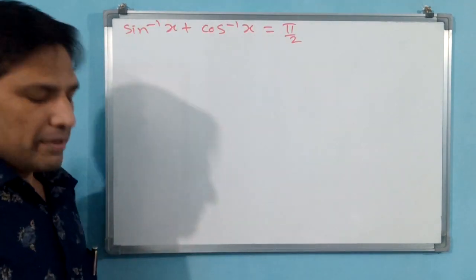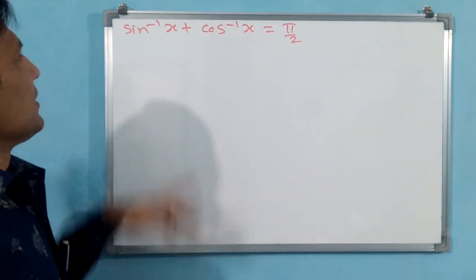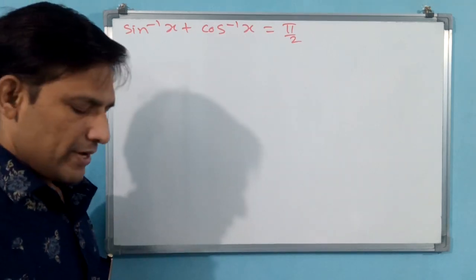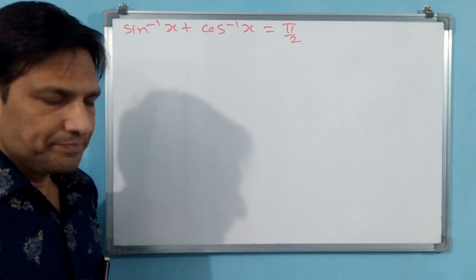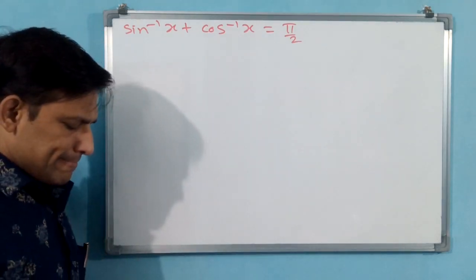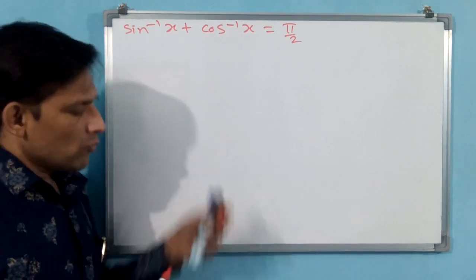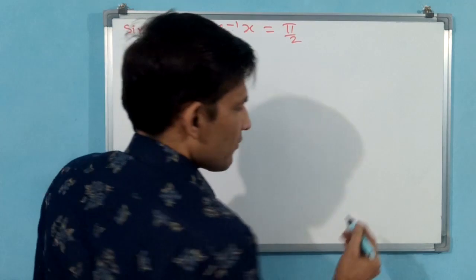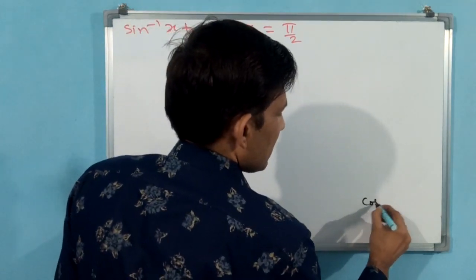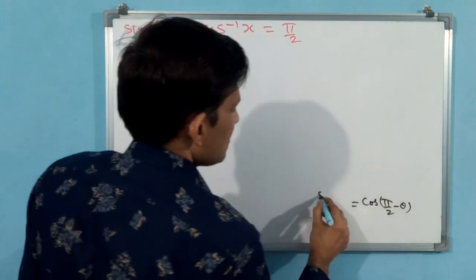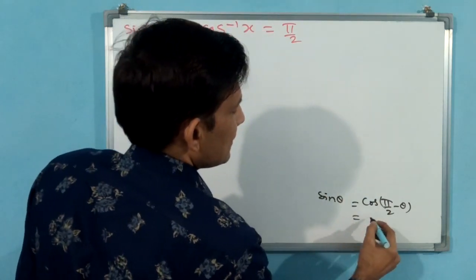See another important property: sin inverse x plus cos inverse x is equal to pi by 2. This we will see. Before going inside, one formula I am writing here. Cos 90 minus theta is equal to sin theta.